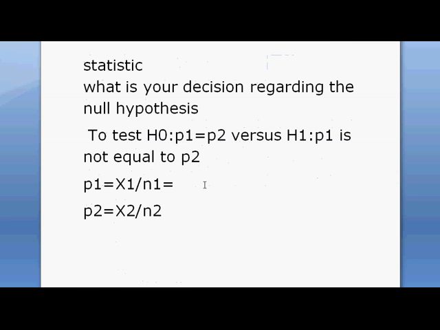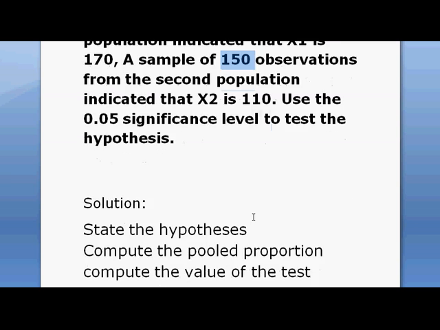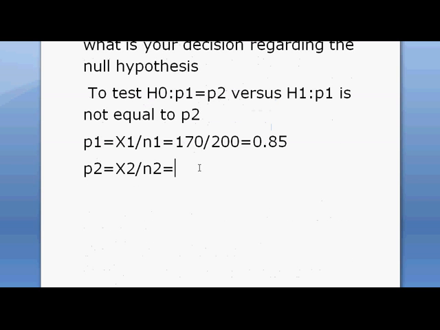So 170 by 200 will give you 0.85, and x2 by n2 is equal to 110 by 150. So P2 is equal to 110 by 150, which is 0.73.